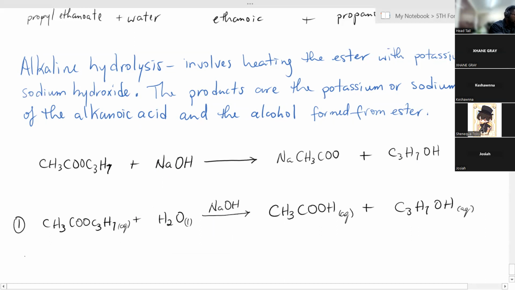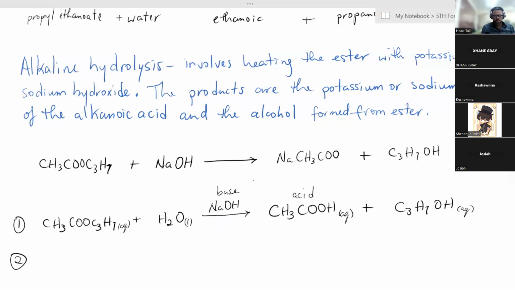Now, what happens here, the second stage, if you notice that this is an acid, and this sodium hydroxide here is a base. So the moment the alkanoic acid is produced, because sodium hydroxide is present there, it's going to react with it immediately. Everybody understanding me? So this first reaction is going to happen first.